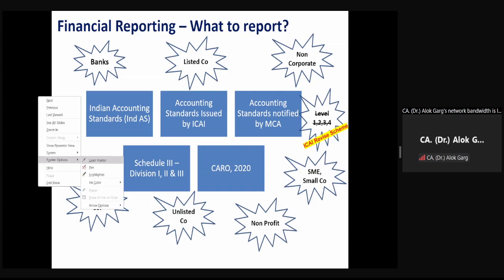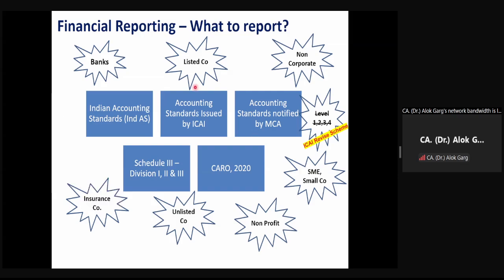So friends, there are three accounting standards. So it is important to see which kind of accounting standard is applicable to which set of entities, and it is the responsibility of the management as well as the auditor to apply the right set to the right entity. Okay. So this is a recent revision in the classification of non-corporate entities.